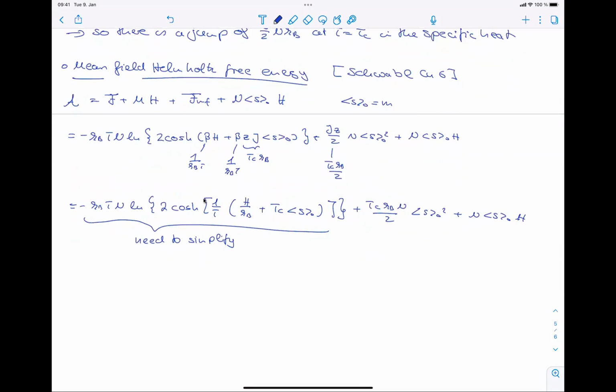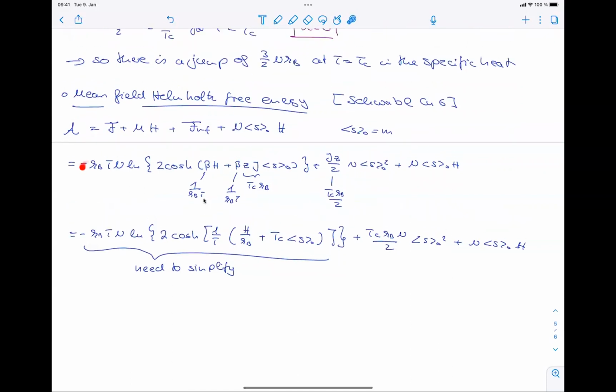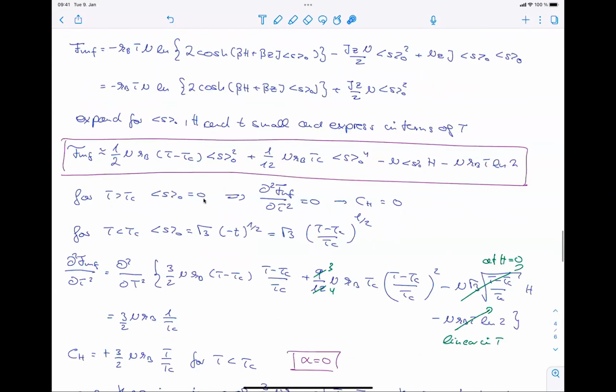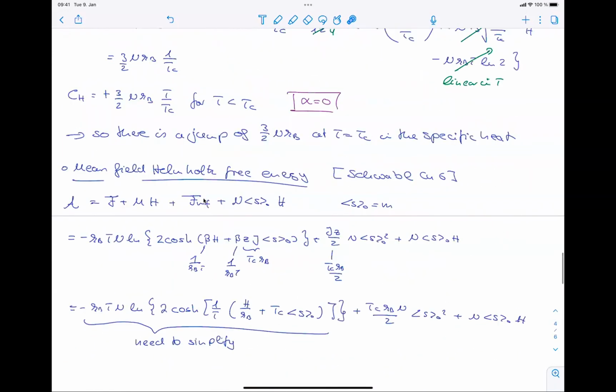Could you say something about the very first line? The first line? Okay, so this is the mean field free energy from the line above. Oh, this is the definition of the Helmholtz free energy. It's one of your thermodynamic potentials, defined by the Legendre transformation of the free energy.